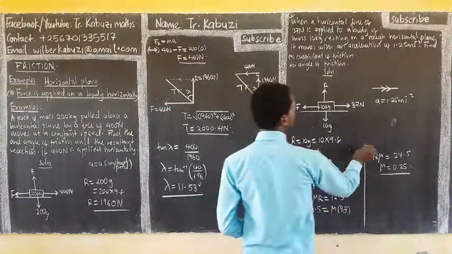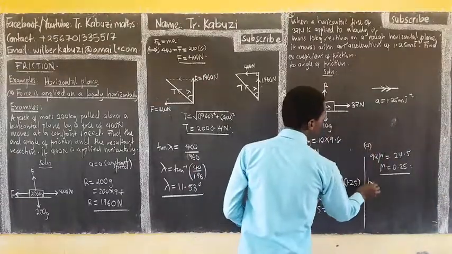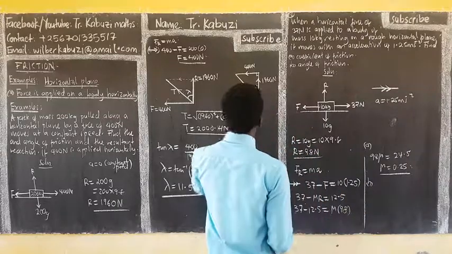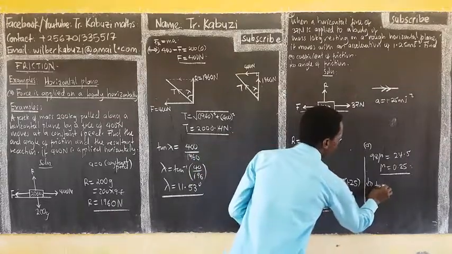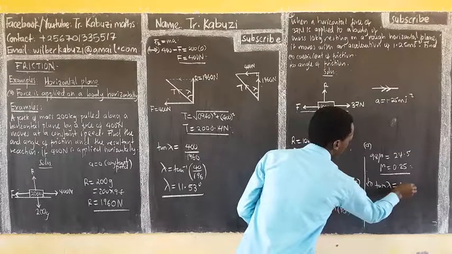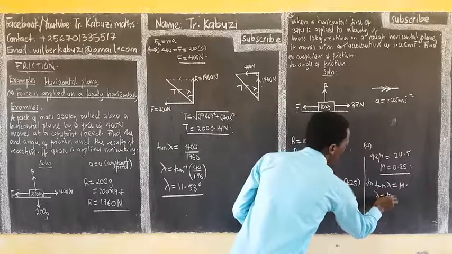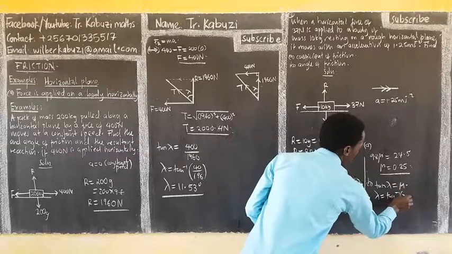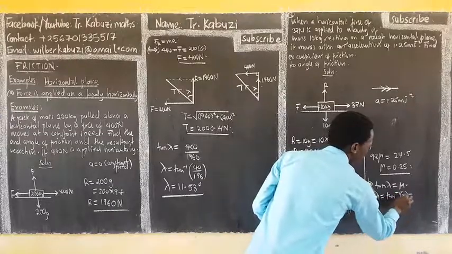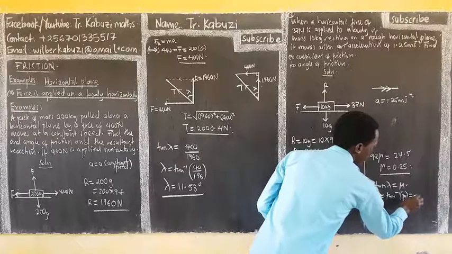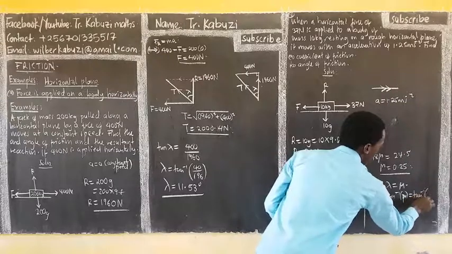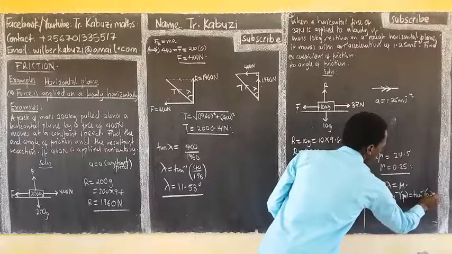This is part A. Then part B, the angle of friction, is always given by, remember, tan lambda is equal to mu. So mine is going to be tan inverse of mu, which will be tan inverse of 0.25.